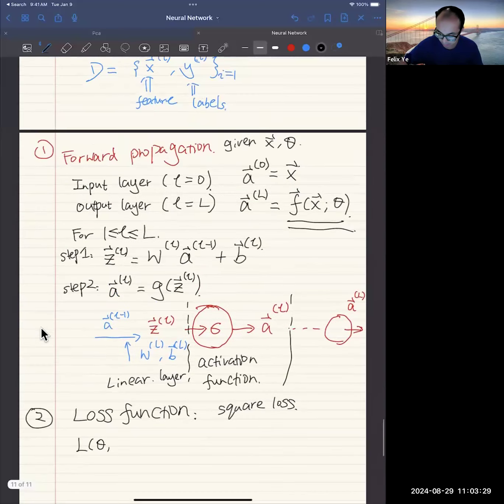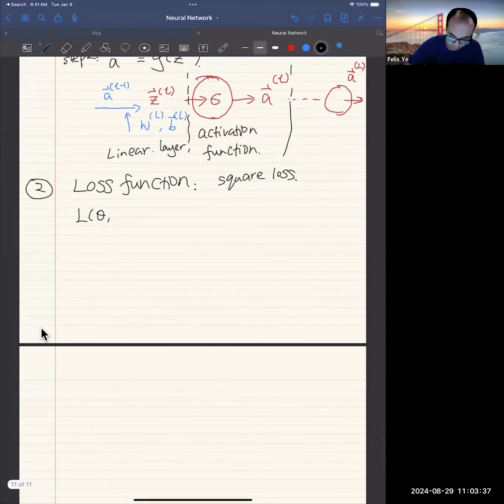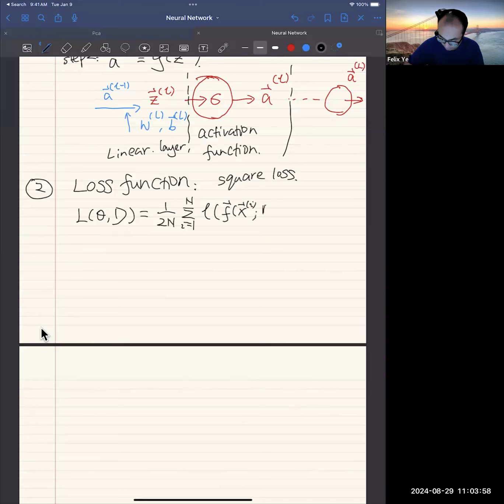So after the forward propagation, you should be able to calculate this f now. Then my loss function right here, if we take the square loss, is a summation from 1 to n of L of f of x_i and theta, and the y_i.